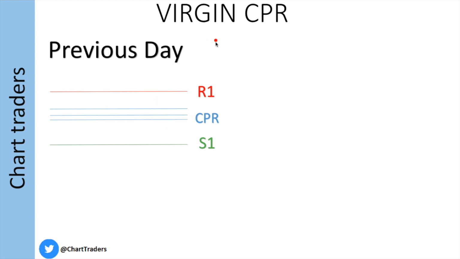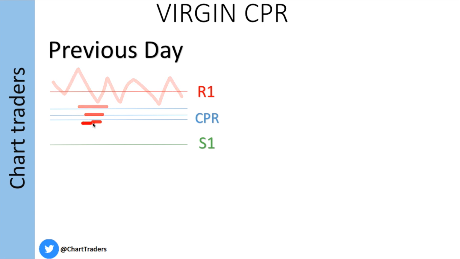Now, what is Virgin CPR? For example, on a day the price moves below the CPR and doesn't touch any CPR line during the whole day, or assume the price moves above the CPR and doesn't touch any line of CPR.